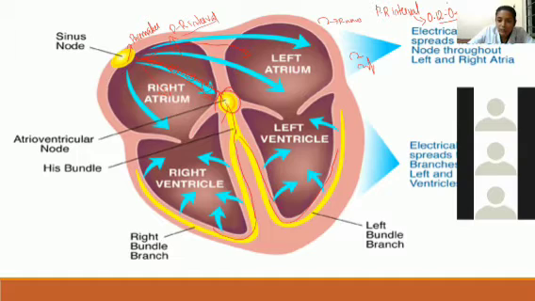In first degree AV block, this will be delayed, more than 0.20. And in other types of blocks, like second degree or third degree or complete heart block, the conduction is not happening at all. We will see in detail so that it will be more clear to you.